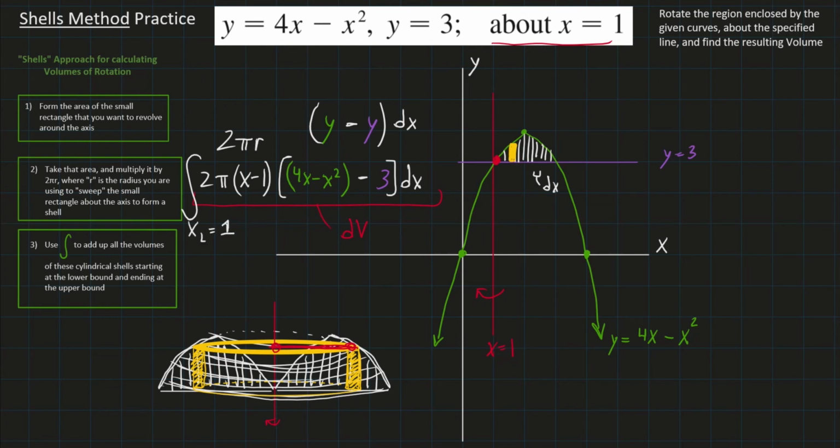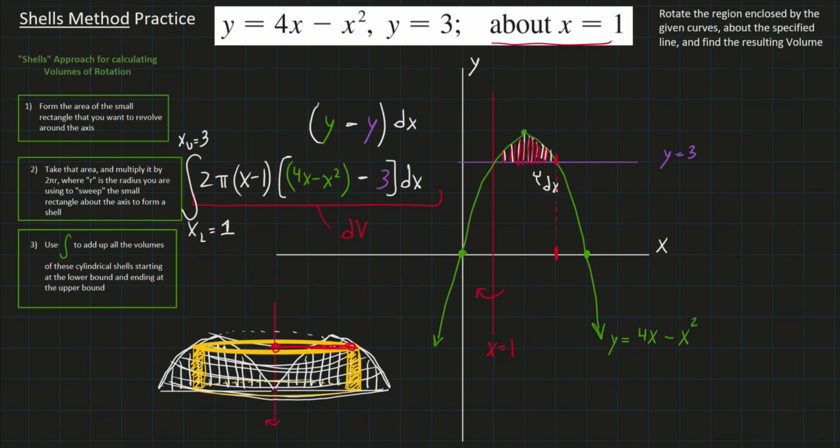That'll be my lower bound. And I'll keep adding up those cylindrical shells produced by these super skinny rectangles until we get to this last one right here. And what is the x of that rectangle? Well, x is equal to 3. So that will be my upper bound.